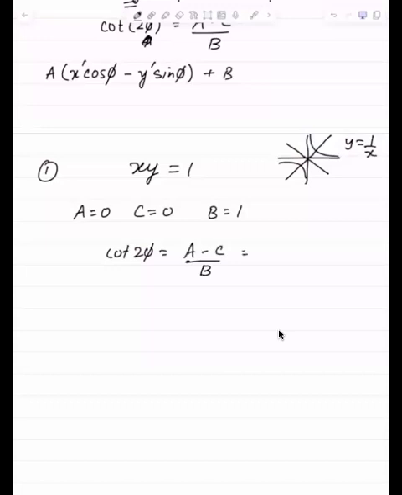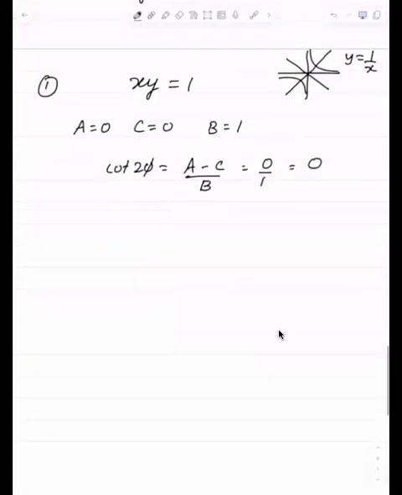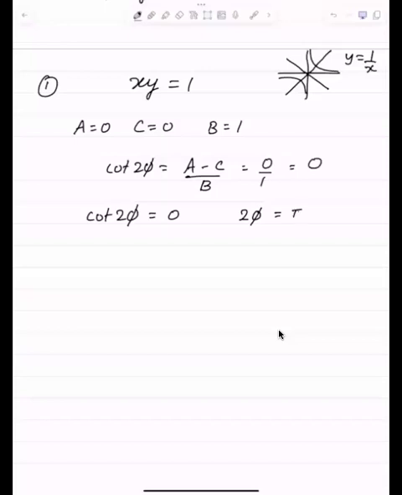So that is 0 minus 0, which is 0 over 1, which is 0. Now, what is the angle whose cotangent is 0? So 2 phi must equal pi over 2, or phi has to be pi over 4, or 45 degrees.